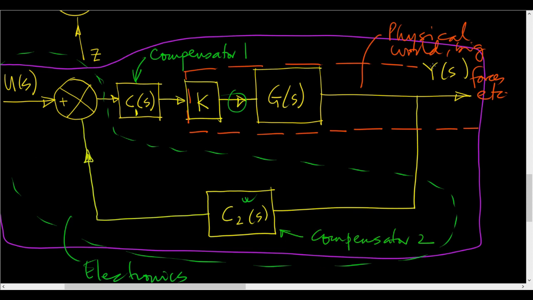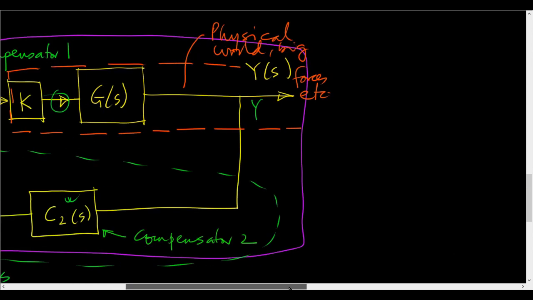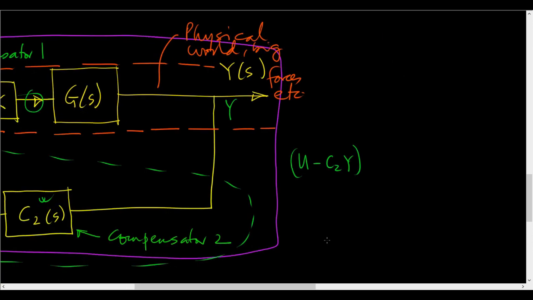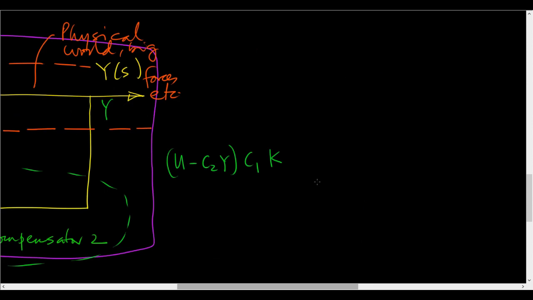This is y, that means this is C2y, that means this is u minus C2y, then u minus C2y times C1 times K times G is equal to y.